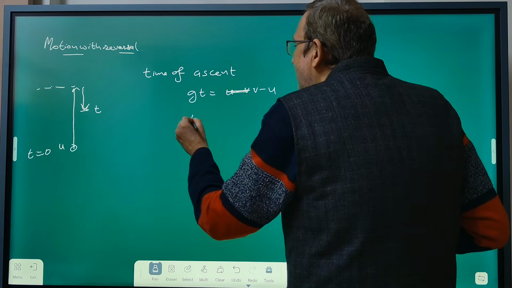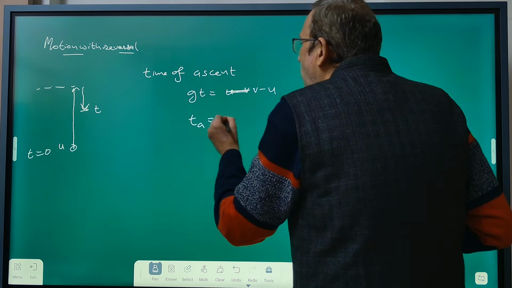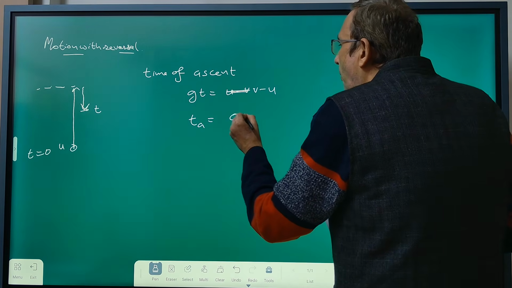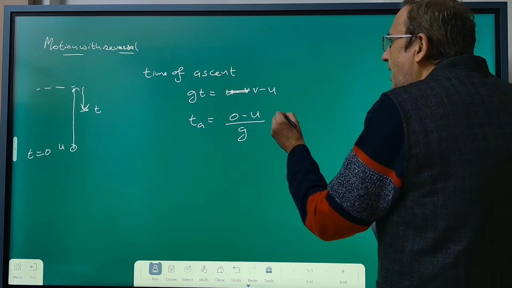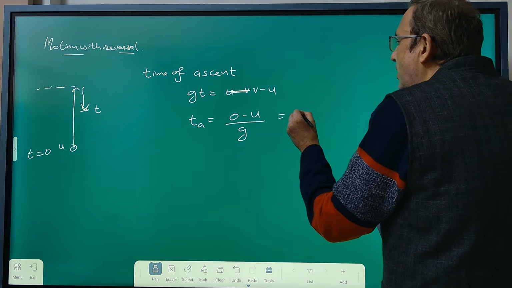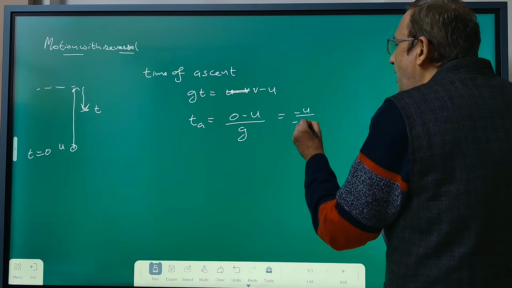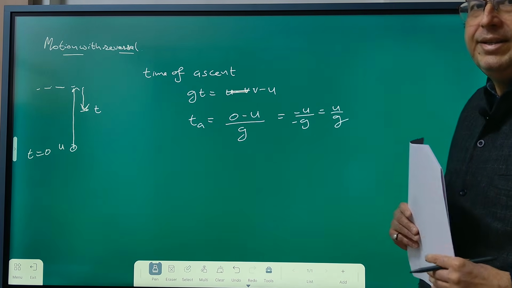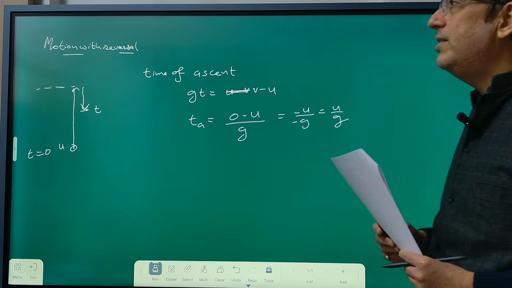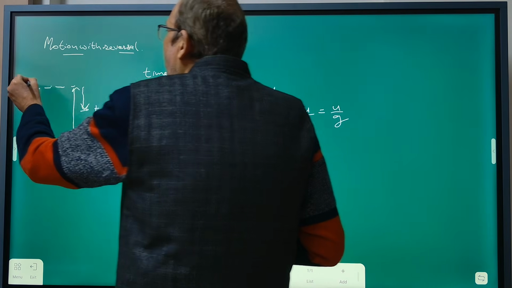So time of ascent turns out to be 0 minus u over g, and since g is in the negative direction, it is minus u over minus g, which is u over g. So that is the time of ascent. This much time it has taken to reach the maximum height.